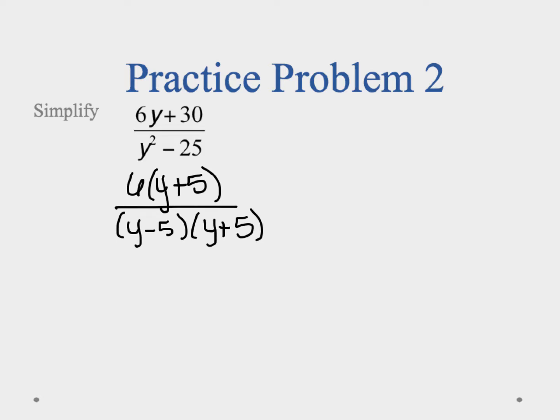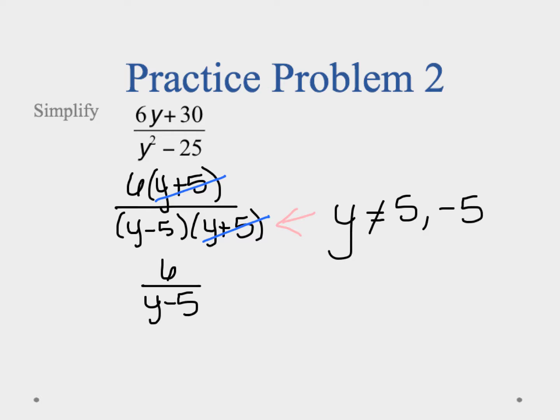Now I'm going to cross out anything common. I have a y plus 5 and a y plus 5, and I'm left with 6 divided by y minus 5. Now I'm going to look back at the original, and I know that this is not true when y is 5 or negative 5.